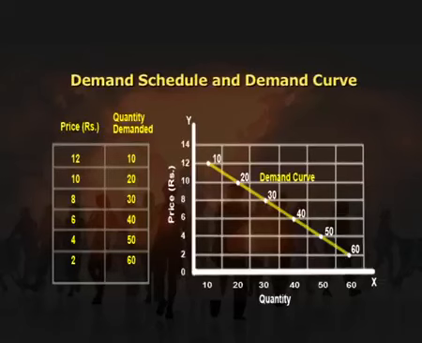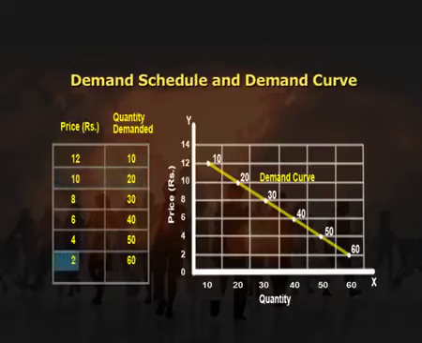The law of demand can be explained with the help of a demand schedule and demand curve as presented in diagram 1. The demand schedule states that when the price of a good is rupees 12 per unit, the consumer purchases 10 units of it. When the price decreases to rupees 10, he would buy 20 units and so on.